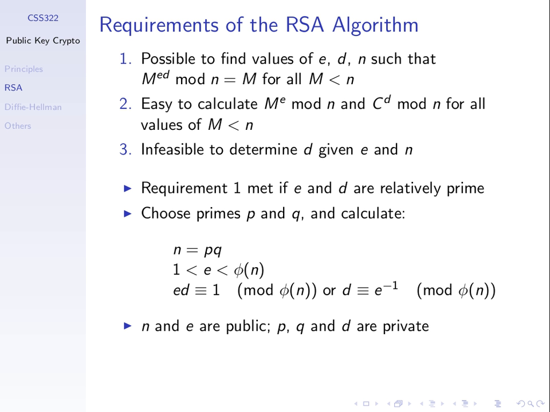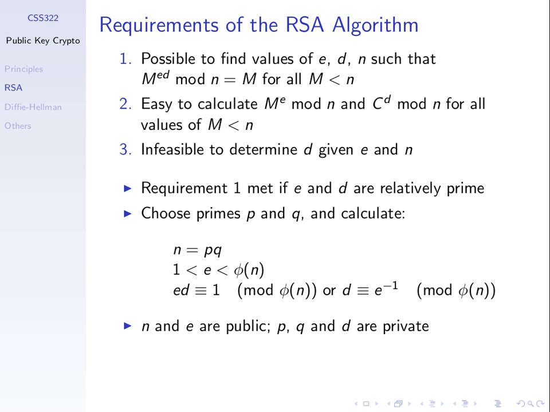So, what we do is choose two prime numbers, P and Q. N equals the multiplication of those two prime numbers. If that's the case, then the totient of n is P minus 1 times Q minus 1. Easy to calculate, because the totient of a prime number is P minus 1.